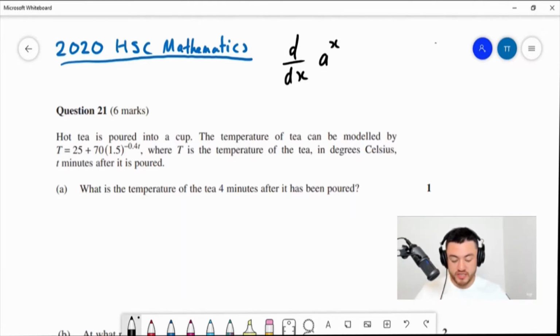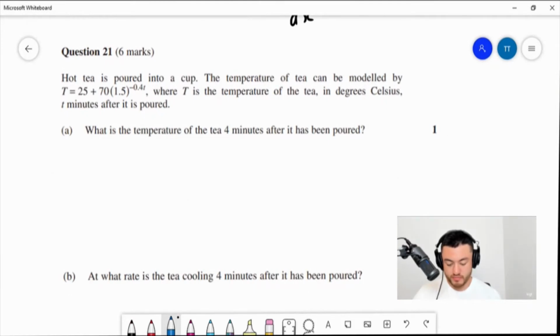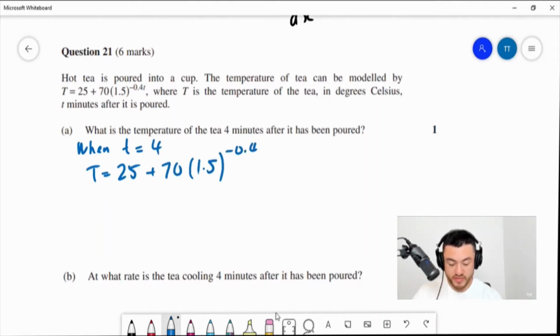What is the temperature of the tea 4 minutes after it has been poured? Okay, so this is only worth 1 mark, so we're just going to substitute little t equals 4 into our equation and evaluate it. So when t equals 4, capital T is 25 plus 70 times 1.5 to the power of negative 0.4 times 4.